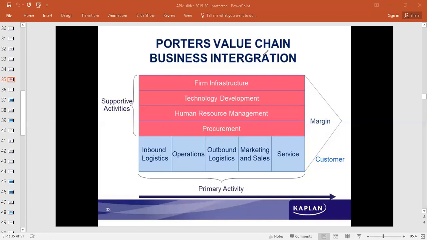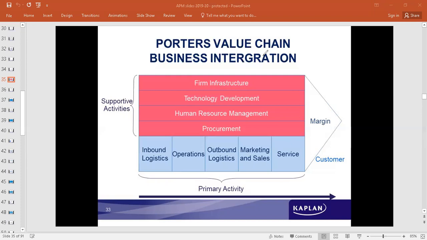Any service which has to be provided during that stipulated time period will be taken up by the business. Most of the time it is free of cost, in terms of repairs and maintenance, or replacement of a component, etc. That's all free of cost. Or sometimes a very minimum charge is levied, but that is an activity which is taken up by the business because of the terms and conditions agreed upon at the time of sale. Okay, so the primary activities are inbound logistics, operations, outbound logistics, marketing and sales, and then after-sales services provided to the customer.